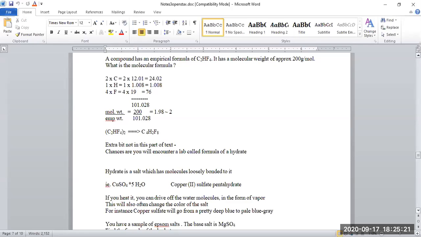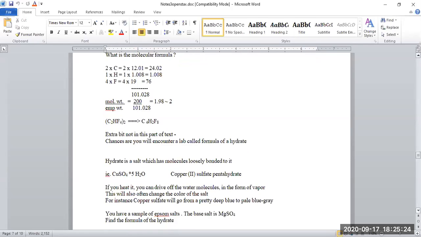Your textbooks may do this one of two ways in reporting their data. C2HF4 is sometimes written inside parentheses. Put the 2 on the outside, meaning you have 2 units of that. I have equally as often seen the alternate version of that where they went ahead and multiplied it out.